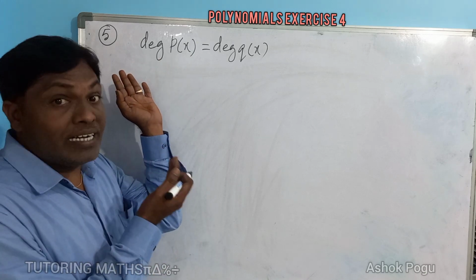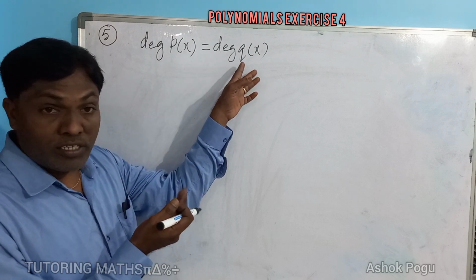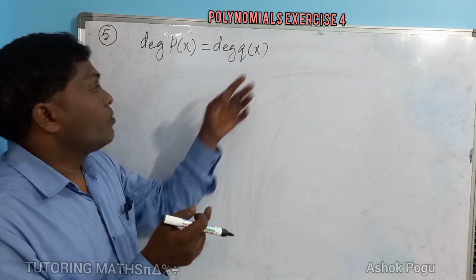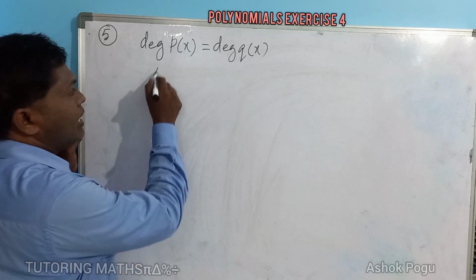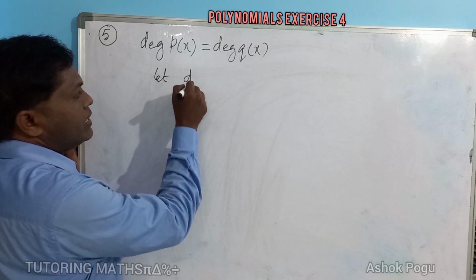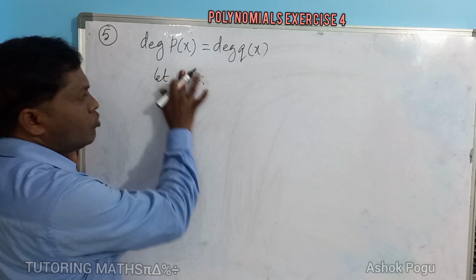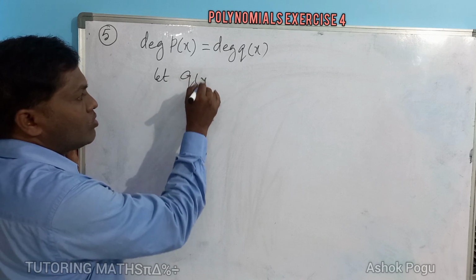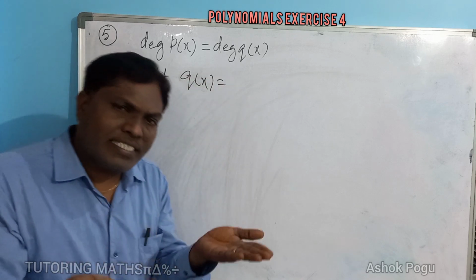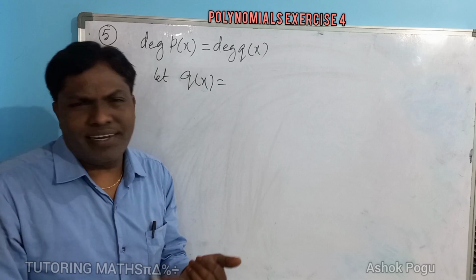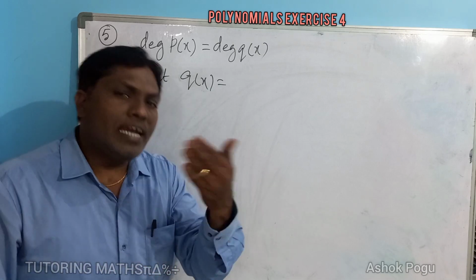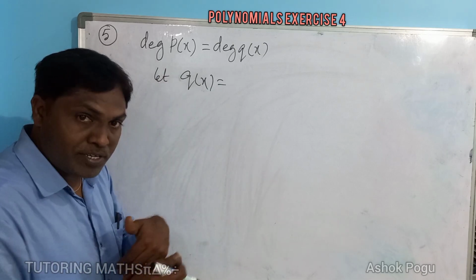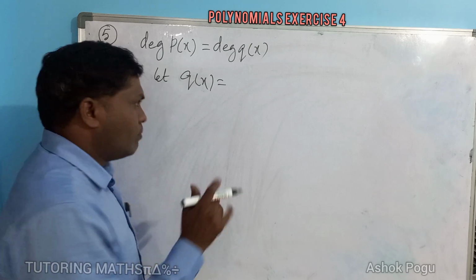It is nothing but dividend, and this is a quotient, or you can take it as divisor. Okay, let us take q of x. Take some second degree, third degree or whatever it may be. Let me take a second degree polynomial.